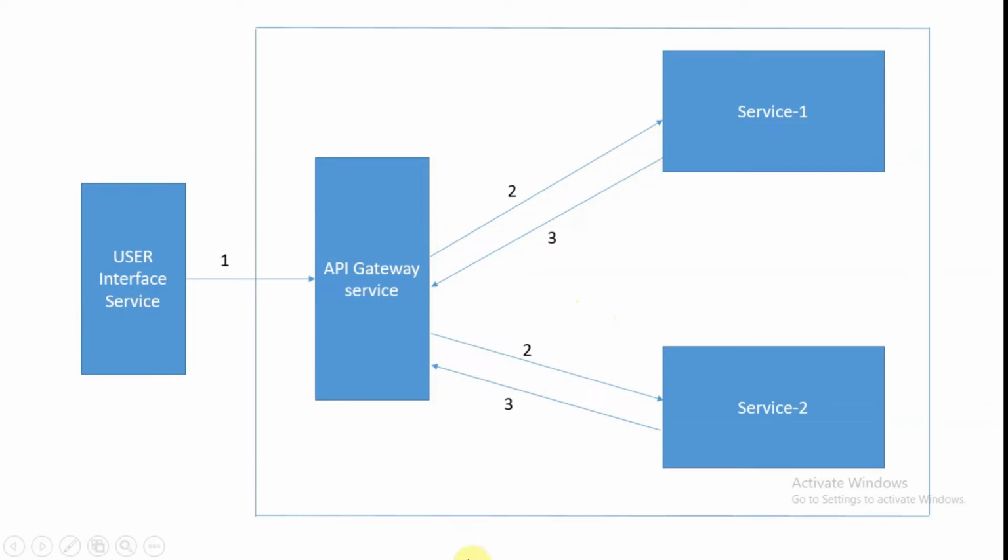This is the whole and soul workflow of any request, and how the API gateway forwards requests and responses. Let's see the implementation, how we can create an API gateway service and how we can proceed with the request flow from the API gateway to different services. So let's jump into this.